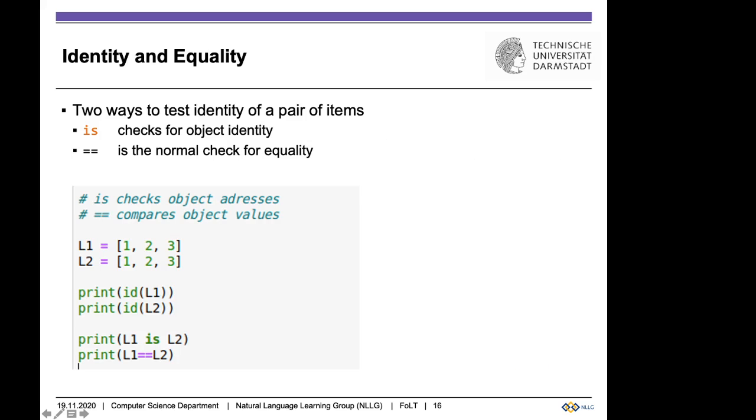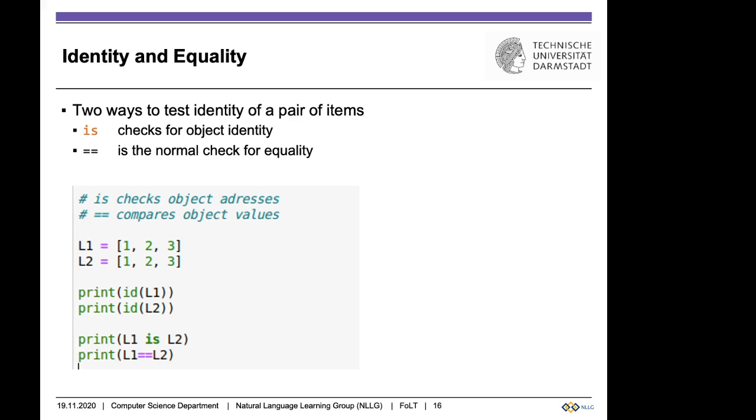Let's see other examples to check if two variables have the same values and address. First, we have two operators here. We have the is operator, which returns true when two variables share the same address. And we also have the equal operator, which returns true when two variables have the same values, no matter whether or not their addresses are the same. Let's see the example below. So we have l1 and l2, and both are lists of numbers whose values are the same.